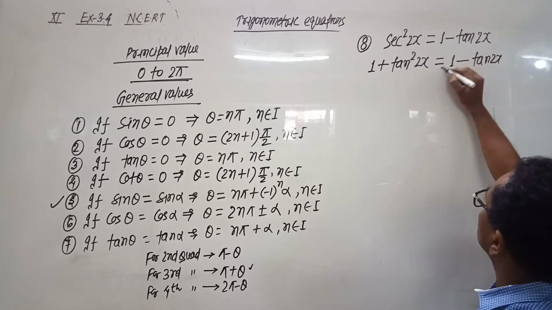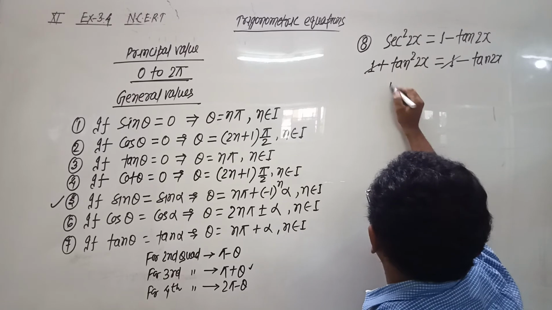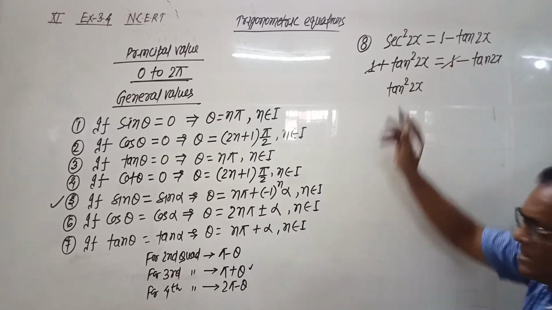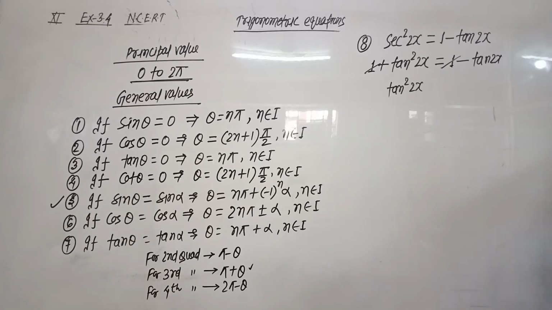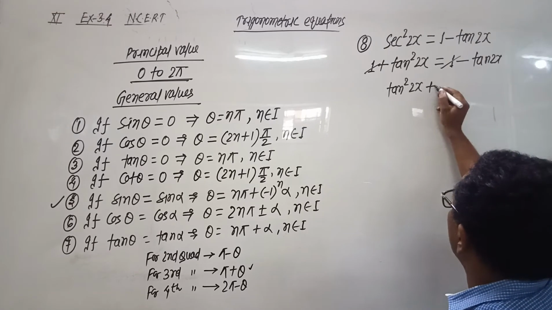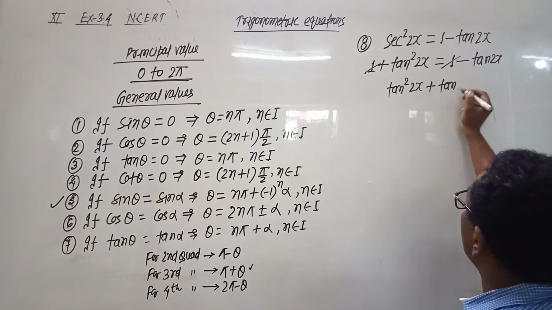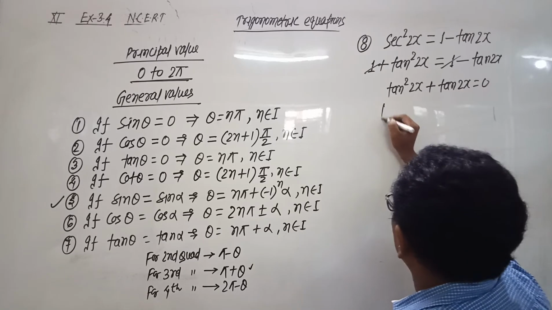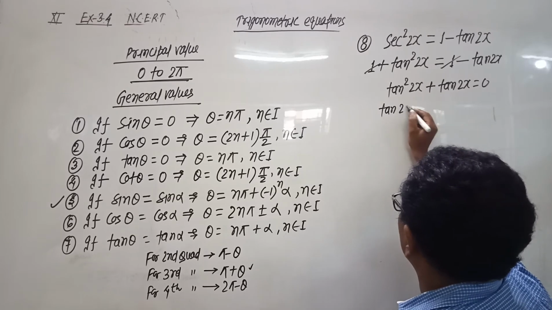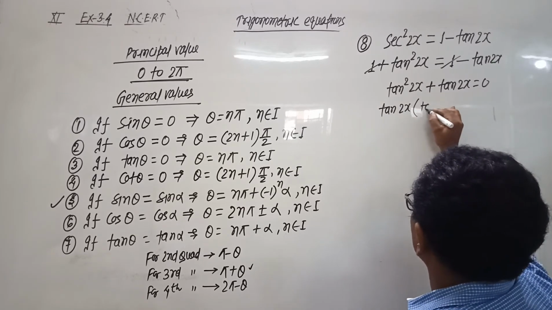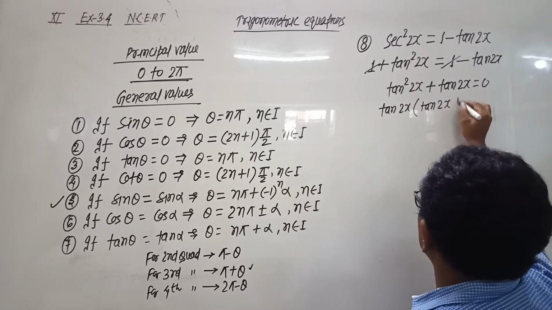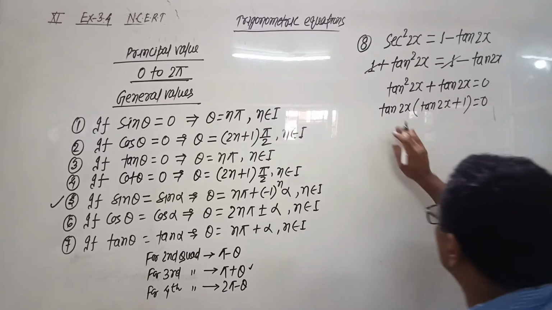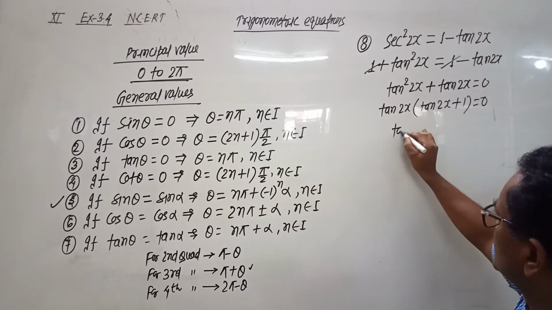From both sides 1 gets cancelled and we get tan square 2x, and this comes on left side, it becomes plus. So tan square 2x plus tan 2x equals to 0. From these two terms, tan 2x is taken as common. So we get tan 2x (tan 2x plus 1) equals to 0. So the value comes tan 2x equals to 0.